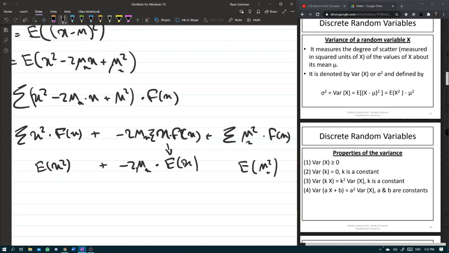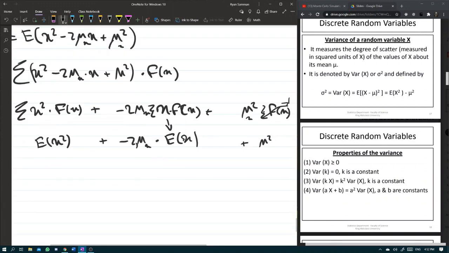As we said before, the sum of f of x is going to be 1, so we could just say that this is the mean squared. Now you might be seeing the formula coming along, but over here it says mean squared plus mean squared.